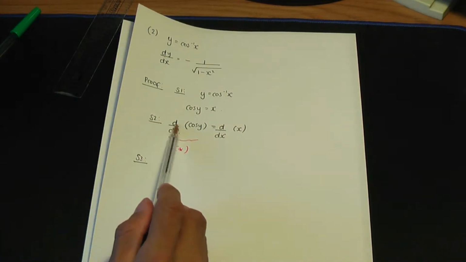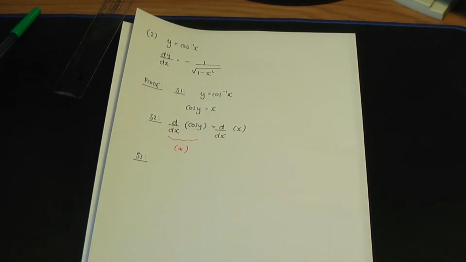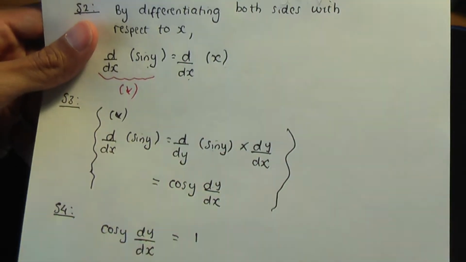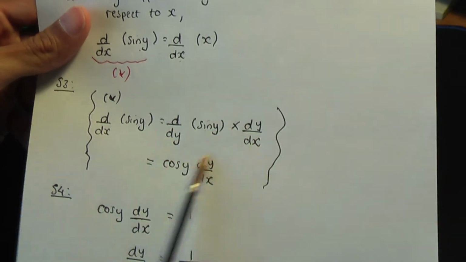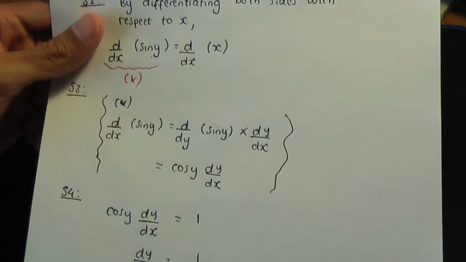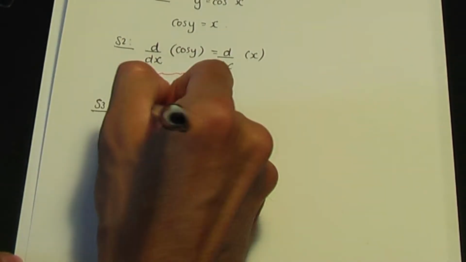So we need to differentiate the y term only, cos y, with respect to x. So we need to use the chain rule again to differentiate that y term only. We differentiate that y term with respect to y, and don't forget to multiply that by dy over dx. So let's do that as a side calculation.